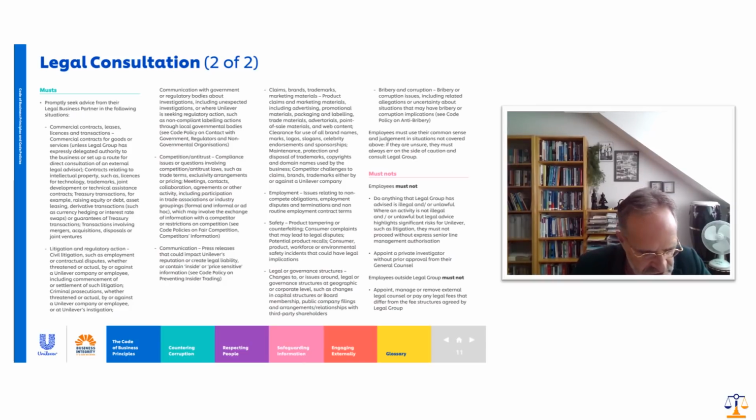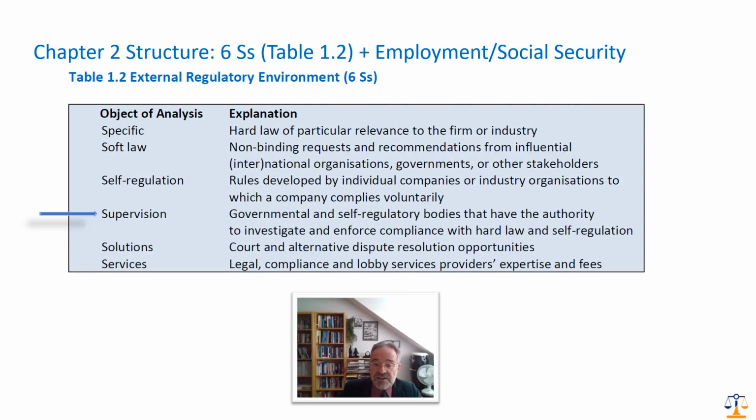Now, so we've seen self-regulation in a company, in an industry, the pharmaceutical industry, and we move on to the next S, and the next S is the S of supervision. You as a company are operating in a market, in a country. The legal system may contain supervisory authorities.